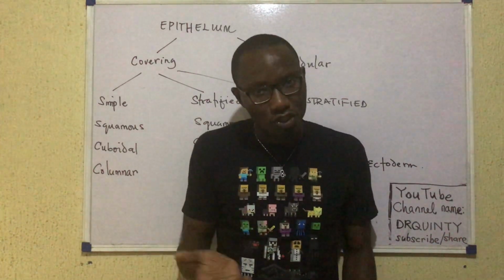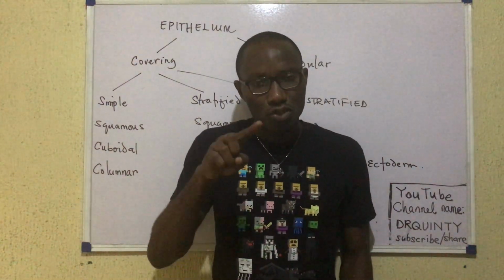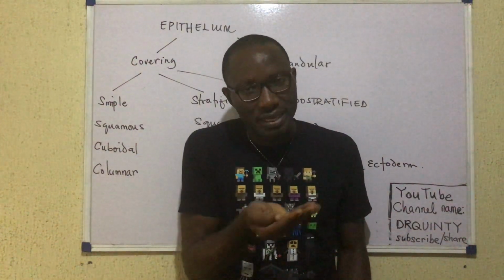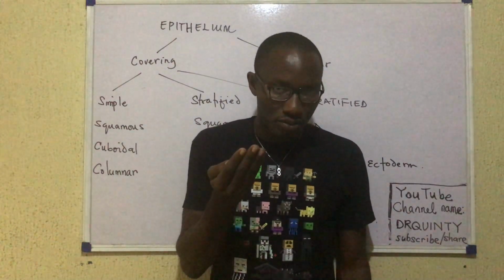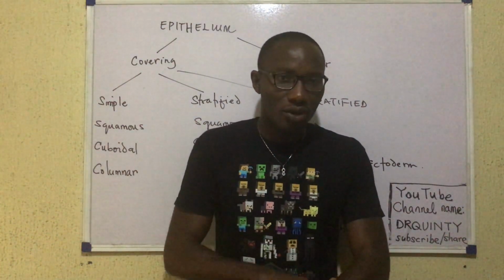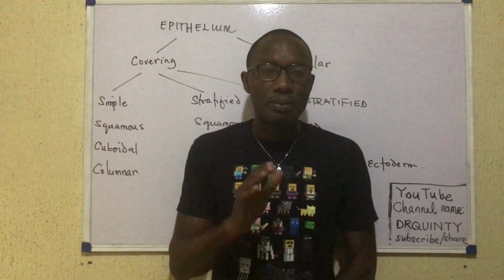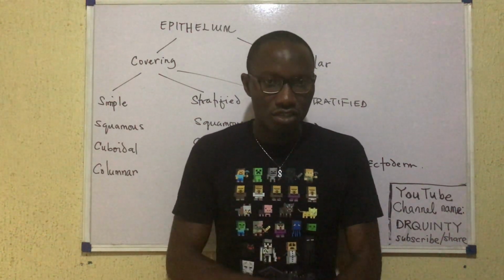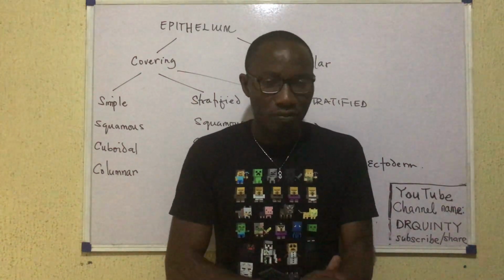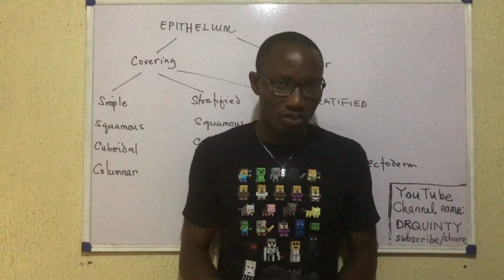Like if you have a tube, the inside of that tube would most likely be lined by epithelial tissues. And in some cases, you have surfaces that are lined by epithelial tissues. They line surfaces and they line passages.